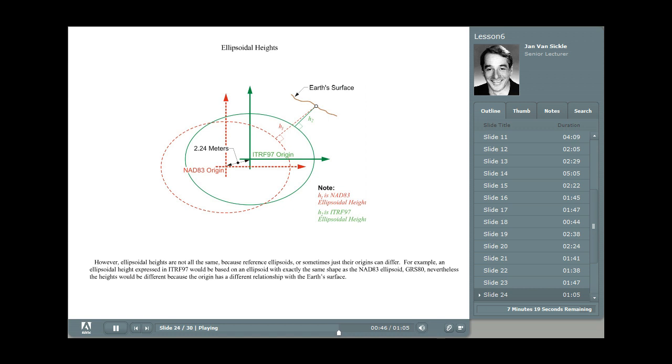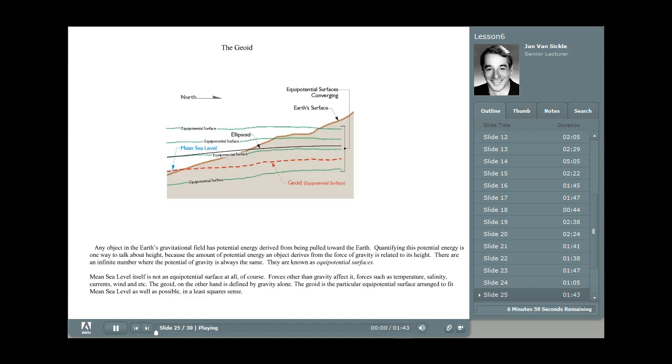And because of that difference, then the heights, the small h, the ellipsoid height derived from each of these, would be slightly different. And of course, again, remember that a coordinate, a latitude and longitude, a northing and easting, an x and y, and even a height, is dependent upon the type of datum that you're using. It must be specified for the coordinate to make any sense.